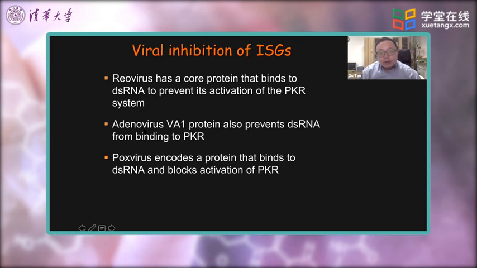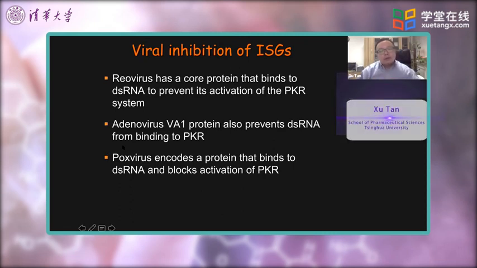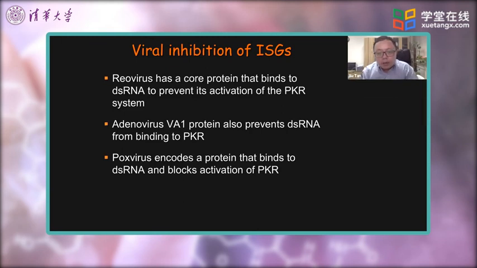Adenovirus, which is a common cold-causing virus, can encode a so-called VA1 protein, which also prevents double-stranded RNA from binding to PKR. So do the pox viruses. Basically, the viruses have evolved a way to shield their double-stranded RNA from being sensed by PKR, thereby evading this antiviral response.